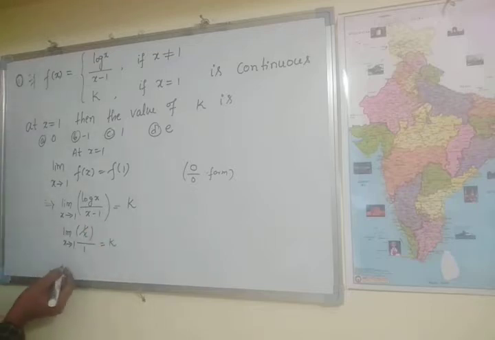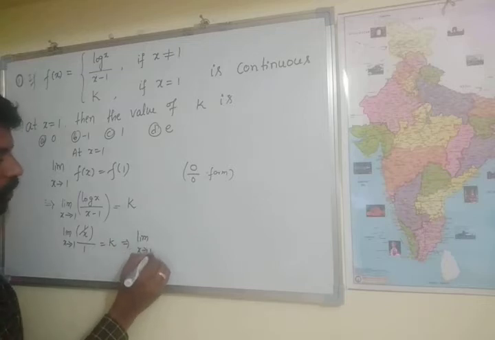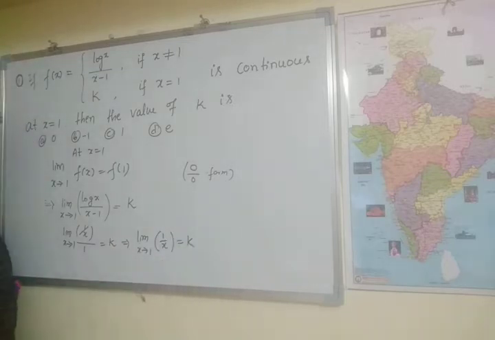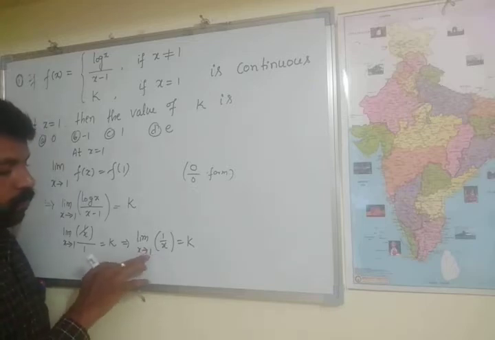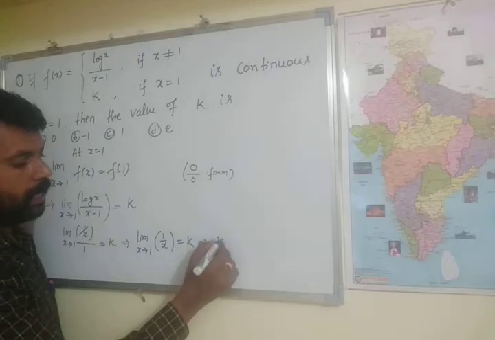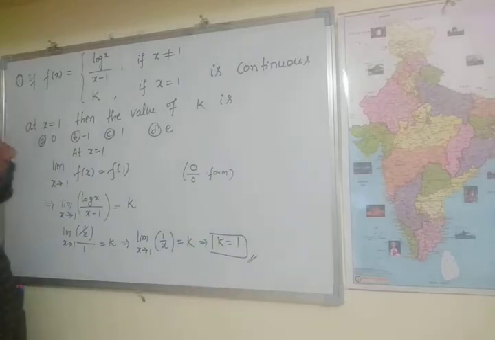This implies limit as x tends to 1 of 1 by x is equal to k. Substituting 1 in place of x, we get 1 divided by 1. So k is equal to 1. Option C is correct.